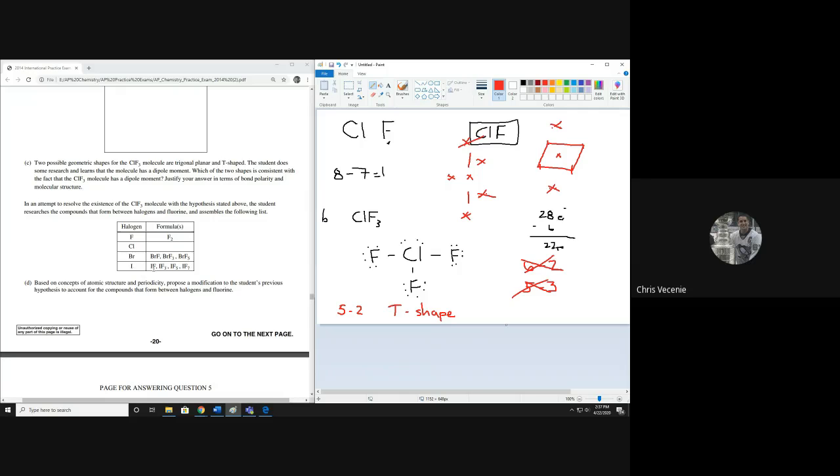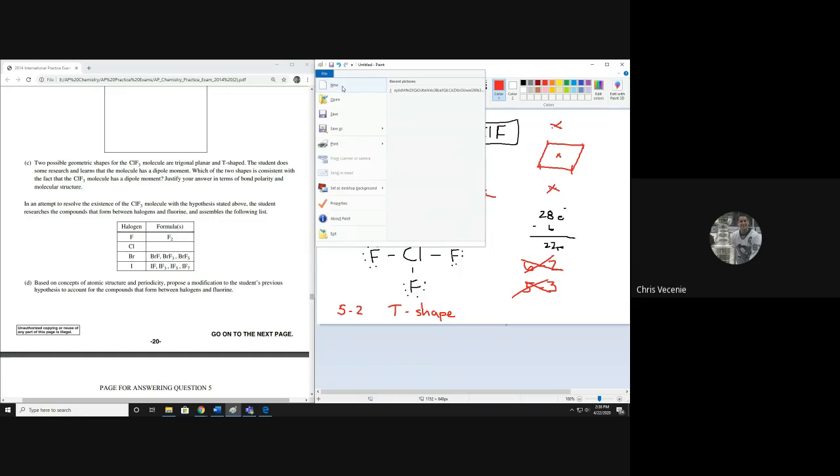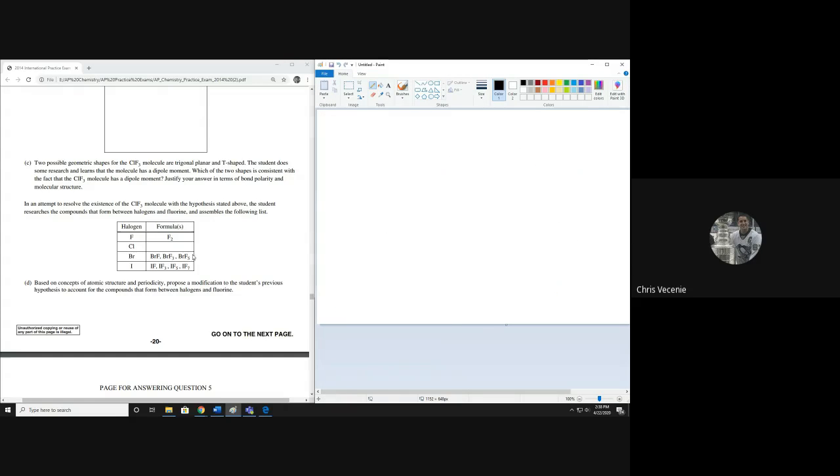I gets IF, IF3, IF5, IF7. And it's saying, based on the concepts of structure, propose a modification that tells you why they do this. So the first thing I would do, even though they don't ask it, is spot the pattern and see what we think should happen with Cl.